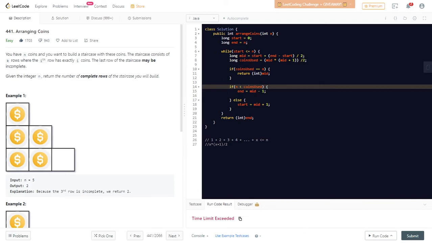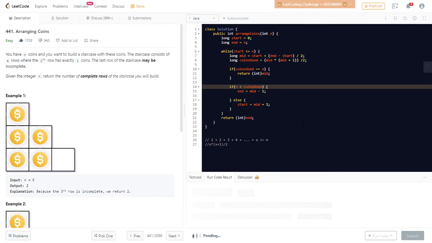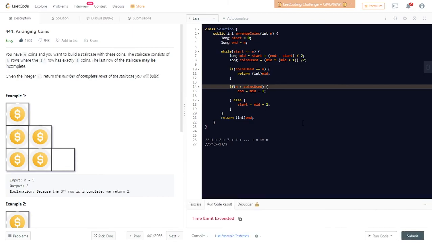After the while loop ends, we would return end. Okay, let's see. Why is it giving time limit exceeded?